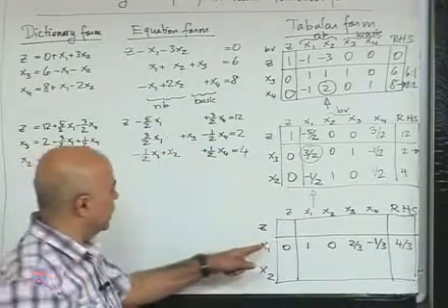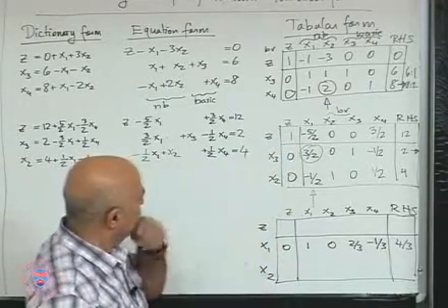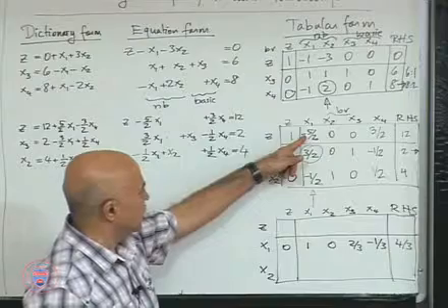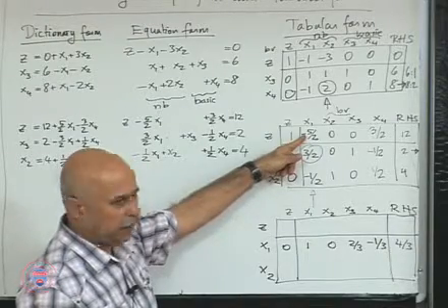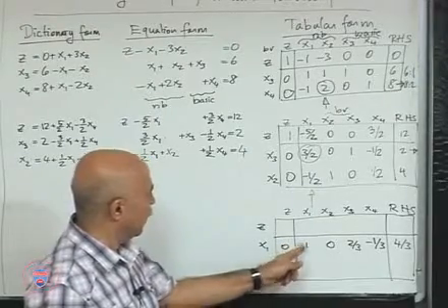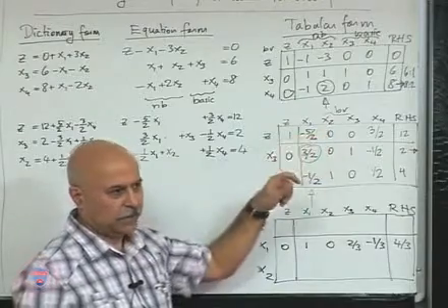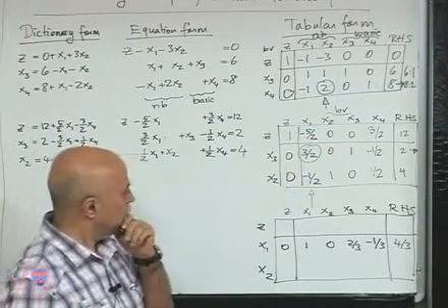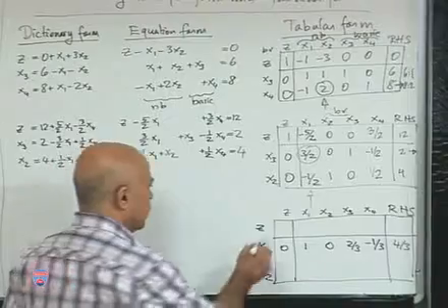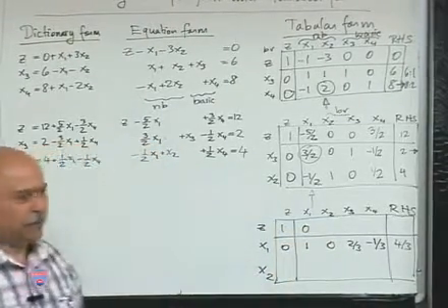So you add... All right, where am I? I'm trying to create a 0 in place of minus 5/2 here, which means that I add 5/2 times this pivot row to the original top row. So that will give you 1 here, 0 here, the rest you ought to calculate.